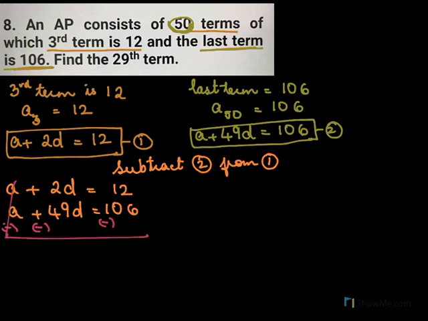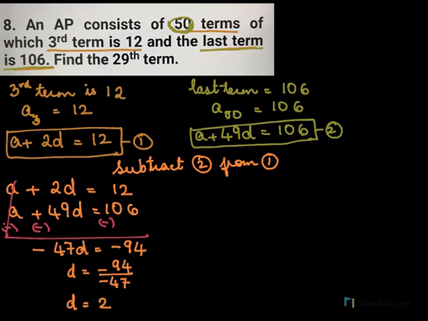This will cancel out. On working this, I get minus 47d equal to minus 94. So d equal to minus 94 over minus 47. So d equal to 2.